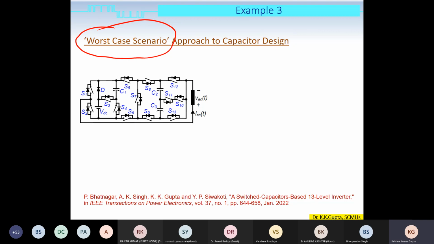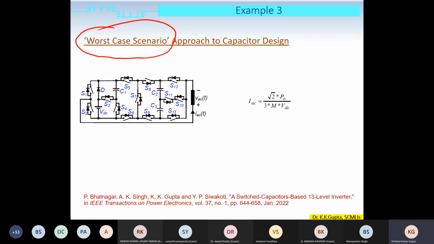Right, so I'll discuss what the worst case scenario is. For the design of the capacitors, normally for the switched capacitor topologies, we take the worst case scenario approach. To understand this approach, we have to go back to the states which we discussed.